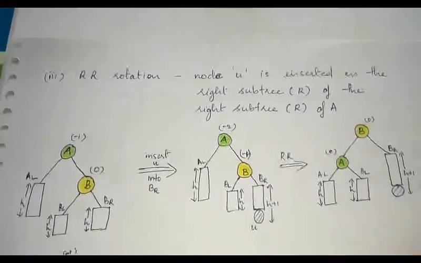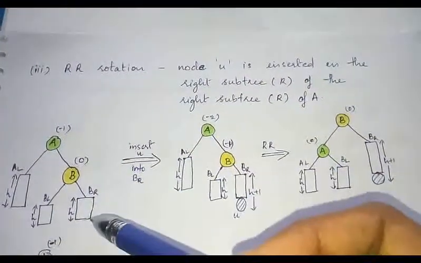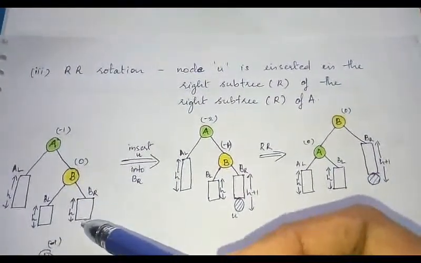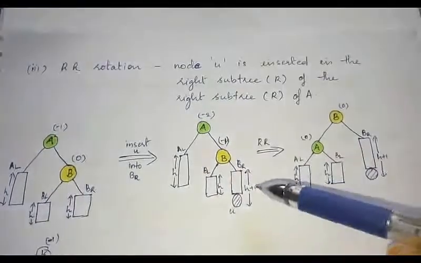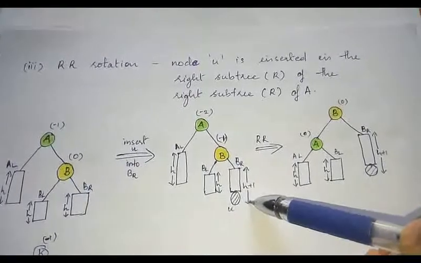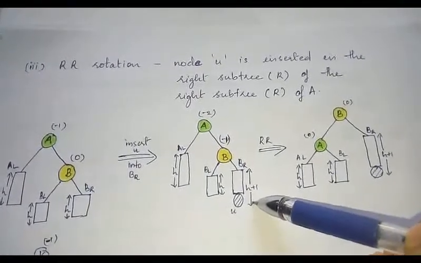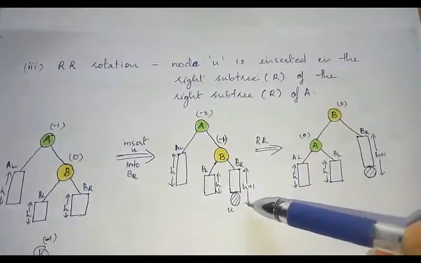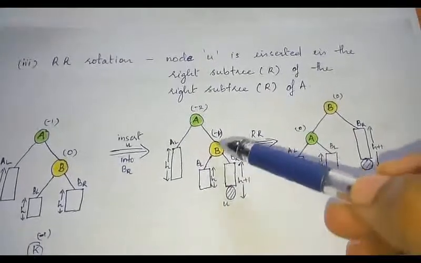So we are going to insert U at the end of BR, the subtree BR. So U is inserted here. Now the height of BR has become H plus 1. When the height of BR has increased, the balancing factors will change.